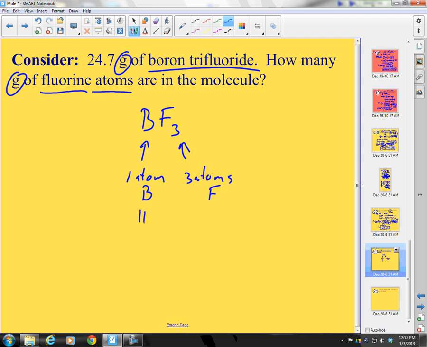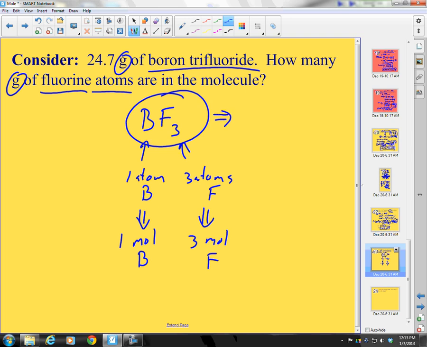This can also represent 1 mole of boron per every 3 moles of fluorine. And so our formula now not only tells us a ratio of atoms, it tells me a ratio of moles of atoms. Okay? Good.